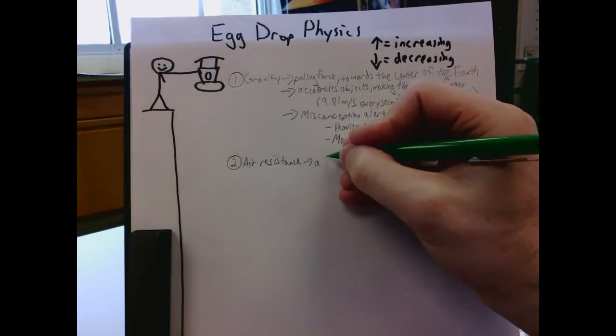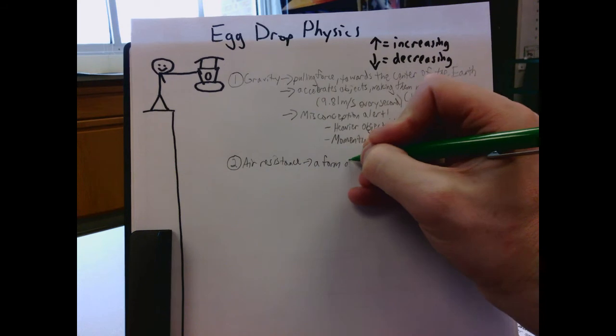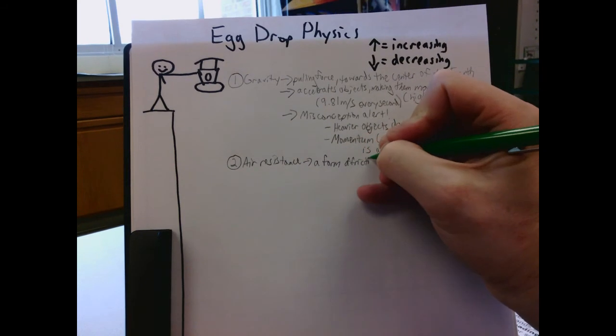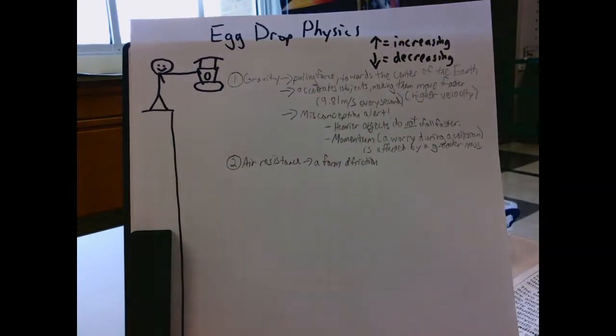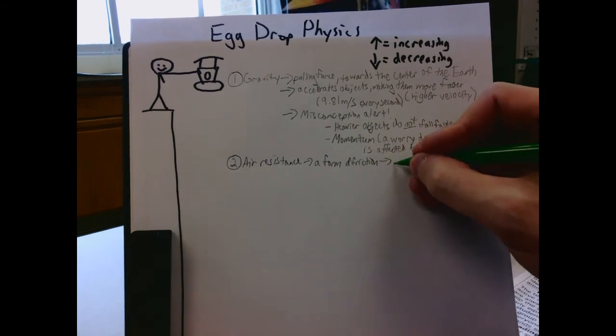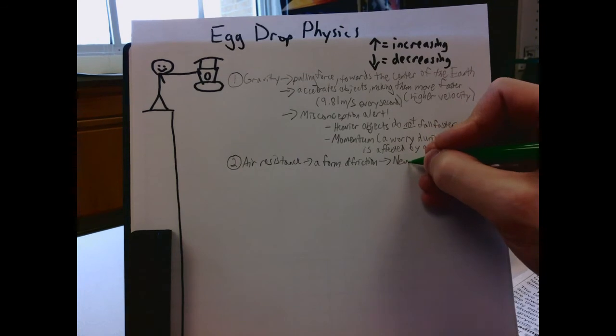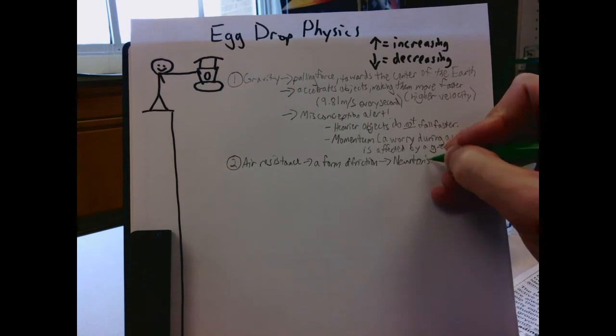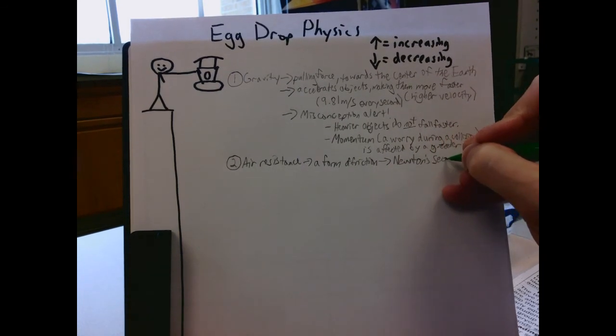Remember, all air resistance is a form of friction, objects rubbing up against other objects that are essentially acting as forces that change some aspect of their motion. And friction and everything associated with it is governed by Newton's second law of motion.